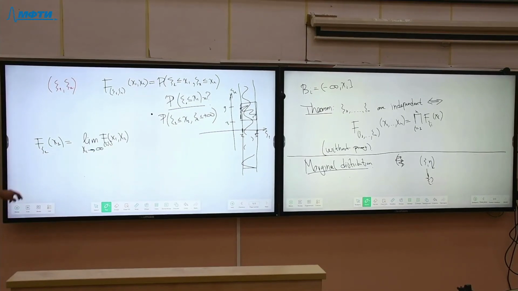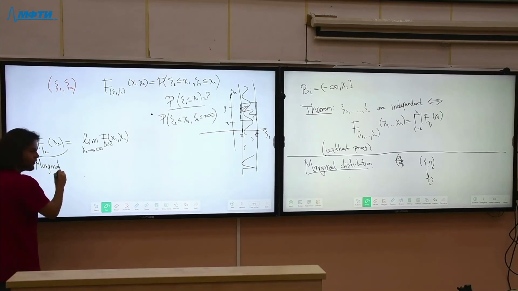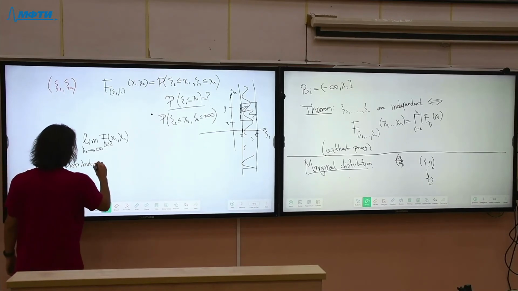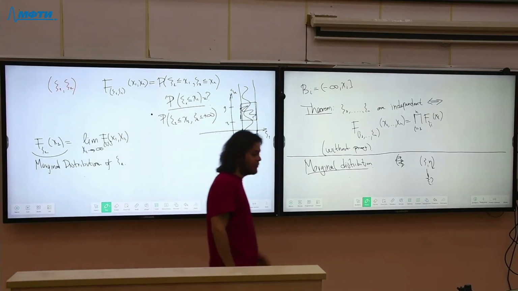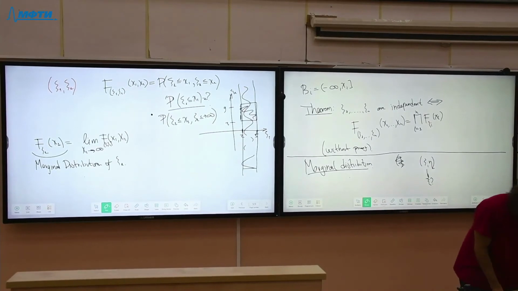So if we want to find the marginal distribution of psi 1, all we have to do is to find the limit. Right? And so formally we can write the following.